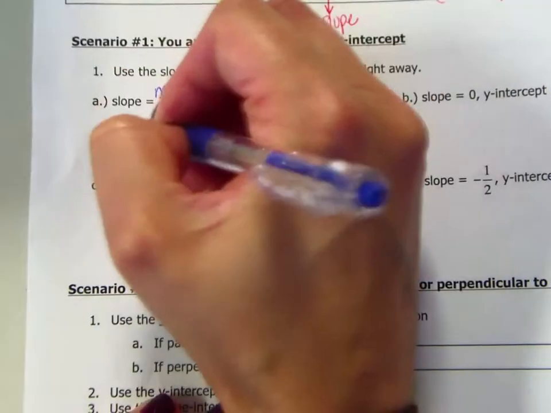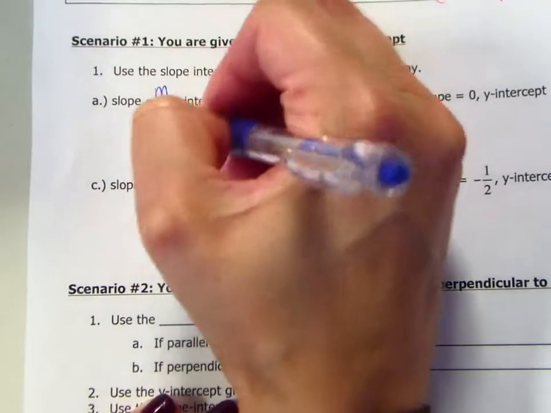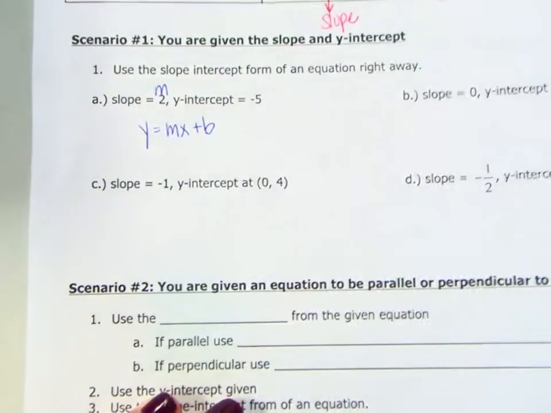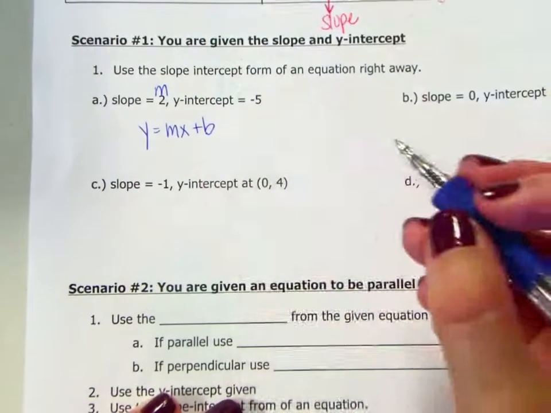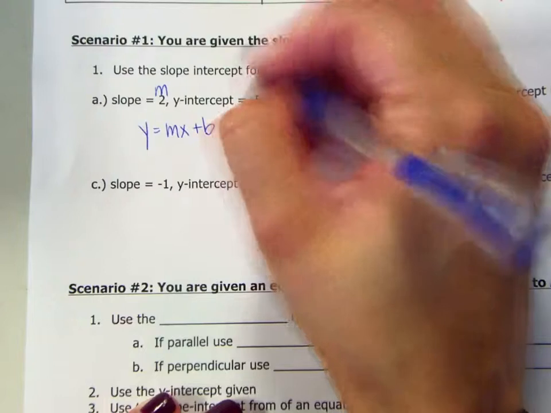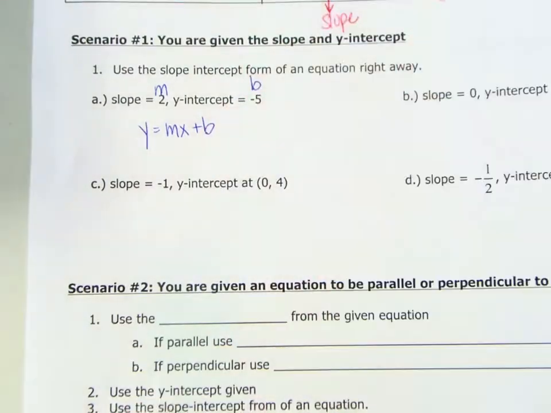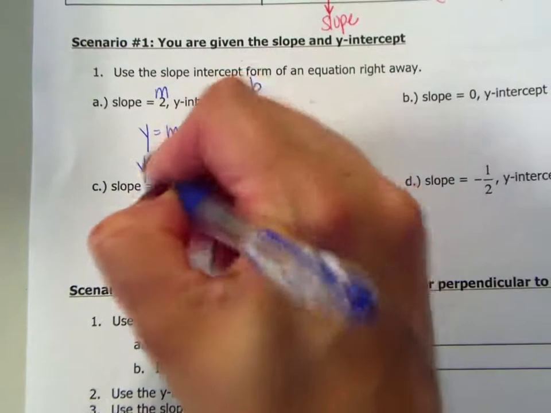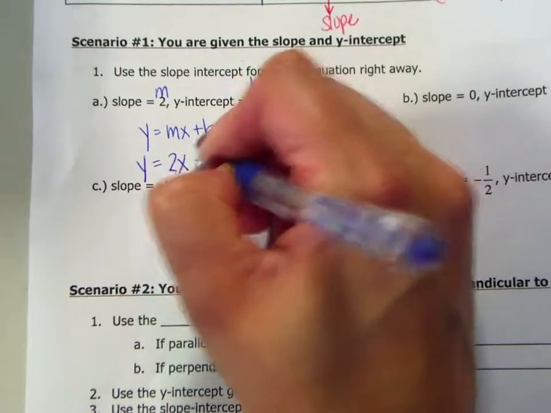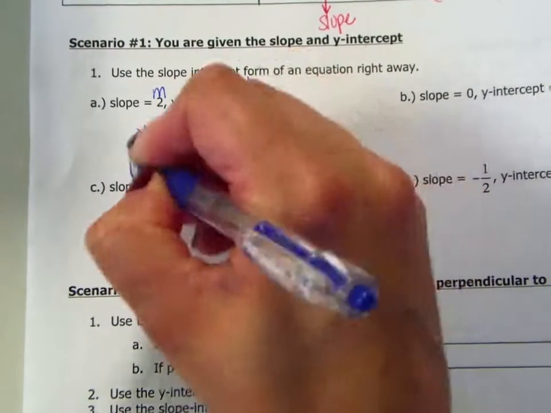So remember, in your y equals mx plus b, m is your slope, and b is your y-intercept. So all we're doing at this point is replacing 2 in for the slope, -5 in for our y-intercept.